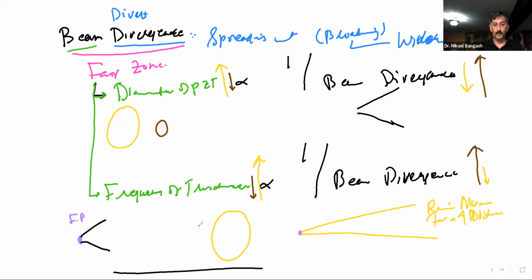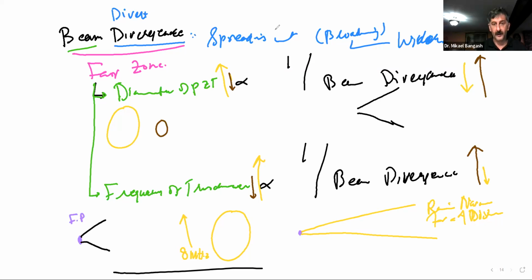But that is also the case if we had a great frequency, let's take any great number, let's say 8 megahertz. So either of these two, or both, means that in the far zone the beam would diverge less. There'll be a lesser divergence.